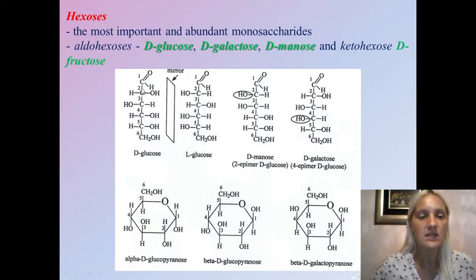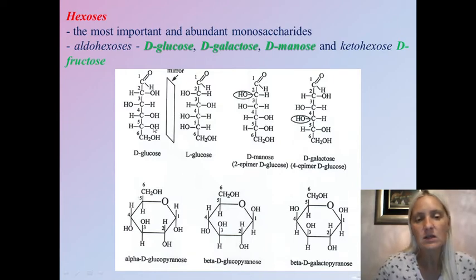So if you take a look, this is chiral carbon atom C2, OH was on the right, now it's on the left. C3 is also chiral, OH group was on the left, now it's on the right. C4 chiral carbon atom, OH group was on the right, now it's on the left. C5 carbon atom also chiral, the last one, OH was on the right, now it's on the left in L-glucose.